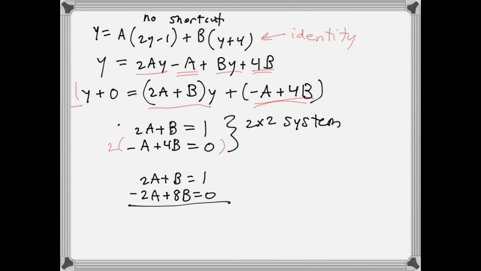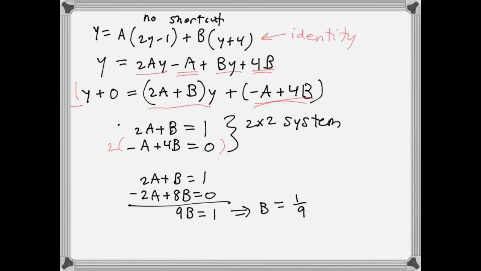If I add these two equations together, I get 9b equals 1, which means that b is equal to 1/9. All right, so we get b equals 1/9 from that.